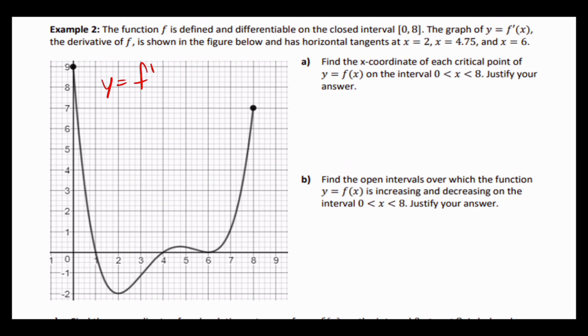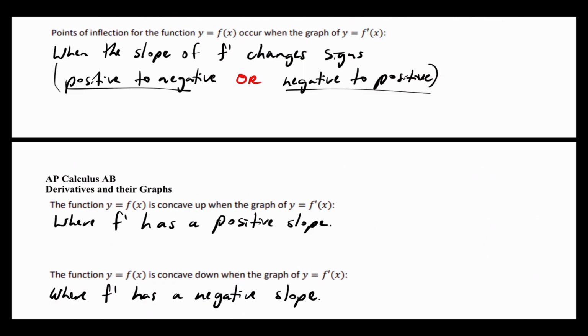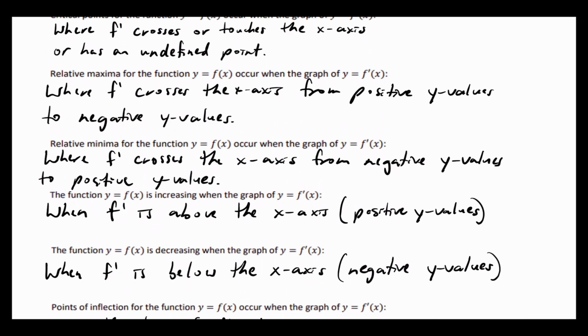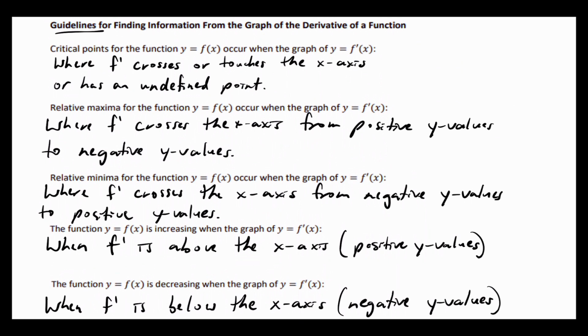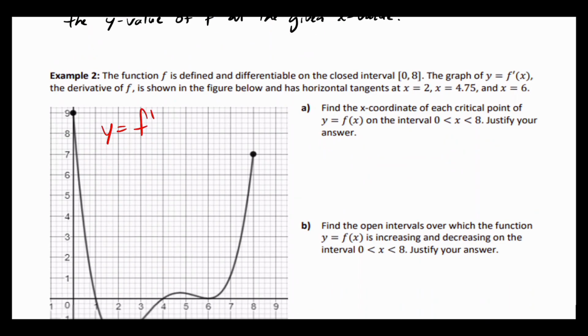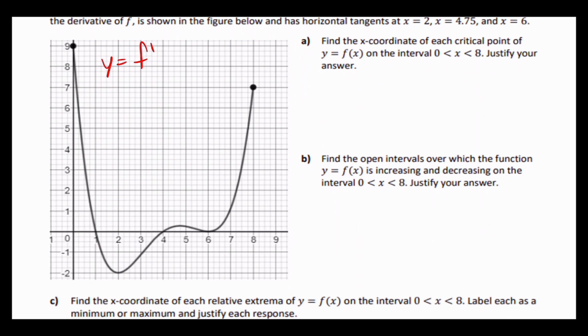All right. So the first one, critical values. Well, we go to our guidelines and we say critical values are located when it crosses or touches the x-axis or has an undefined point. There are 3 spots when it crosses or touches the x-axis. Where is that? x equals 1, x equals 4, and x equals 6.